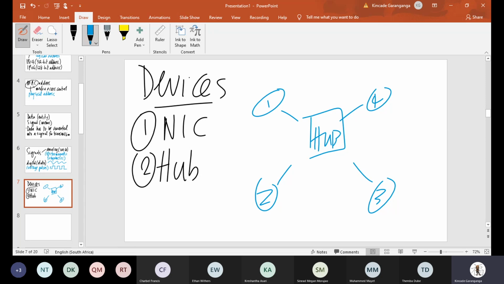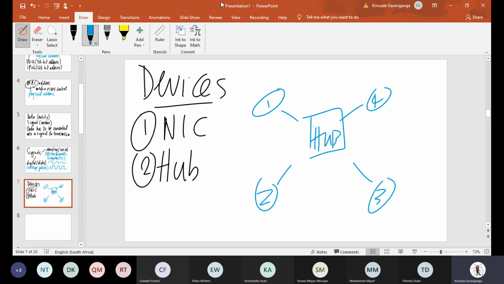But like I mentioned, the speed is an issue, and it's a broadcast perspective, because if 1 is communicating with 4, for instance, 2 and 3 can tap into that communication because there's no security or dedicated comms. It's part and parcel of a central networking device.